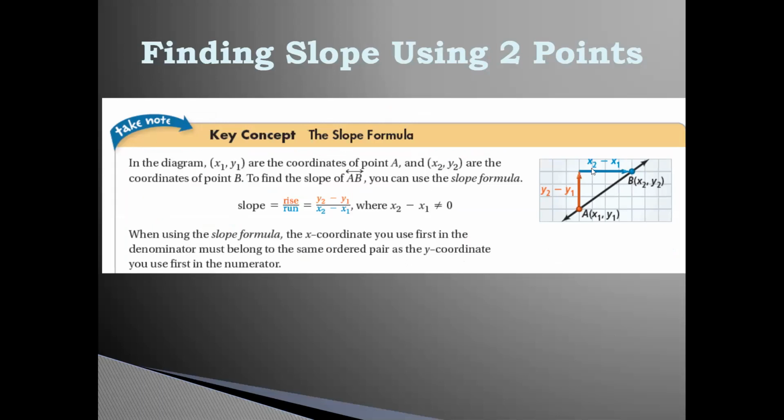I went up and then I went over. Up's positive, to the right's positive. But I can do the same thing if I know the ordered pair at the beginning point and at the ending point. And that's what you use this calculation for. If all you have are 2 points and you're trying to find the slope, this is how you're going to do it.